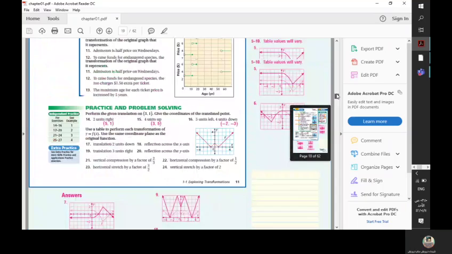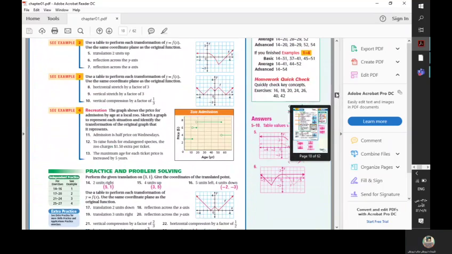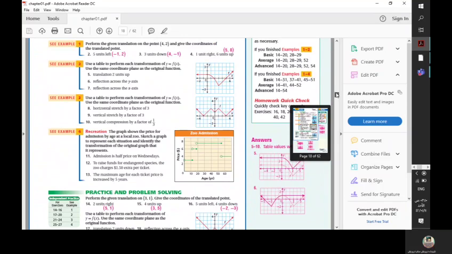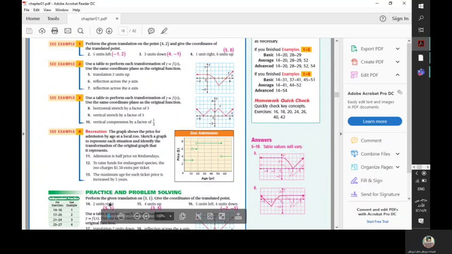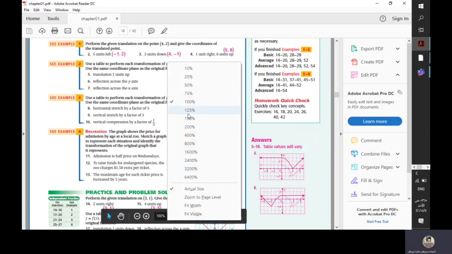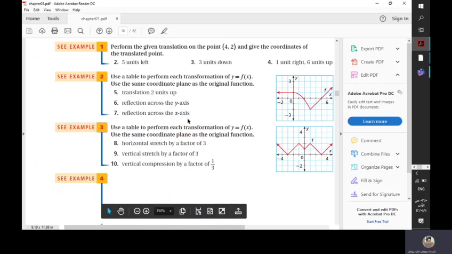Now I will quickly solve an exercise from your textbook, practice 1. I will explain how I can solve this one.